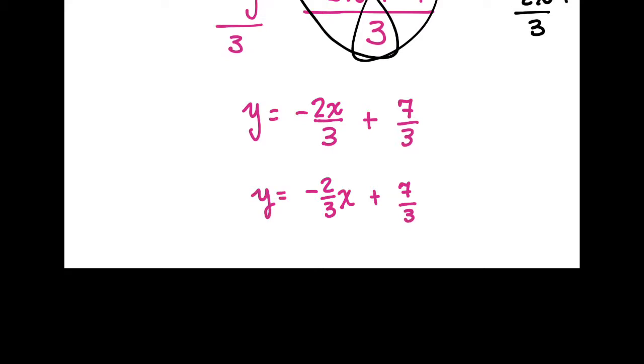And that may be the easier route to go. Now you can see the slope and the y-intercept of the line, and you can graph this using our slope-intercept form method.